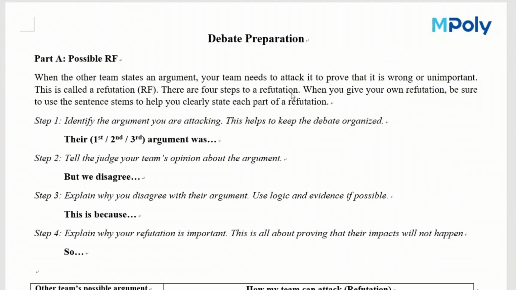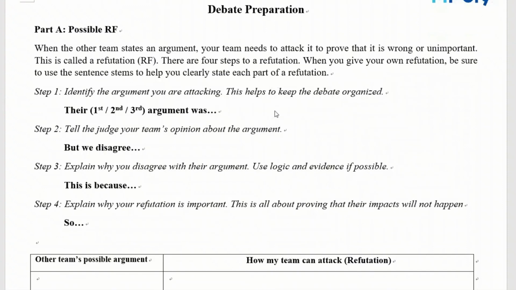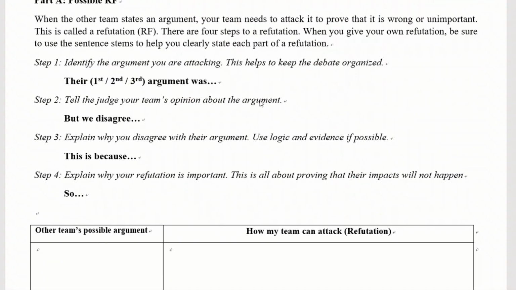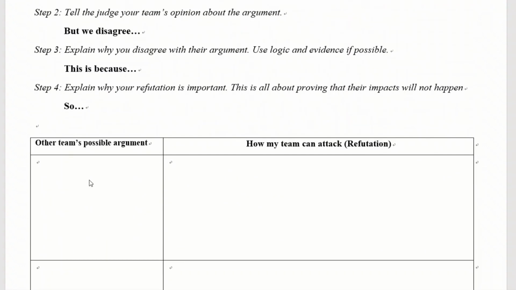Steps to a refutation. When you give your own refutation, be sure to use the sentence stems to help you clearly state each part of a refutation. So, step 1, you need to identify the argument you are attacking. This helps to keep the debate organized. So today I'm going to be attacking the argument that Miss Julia did in her AREI video.